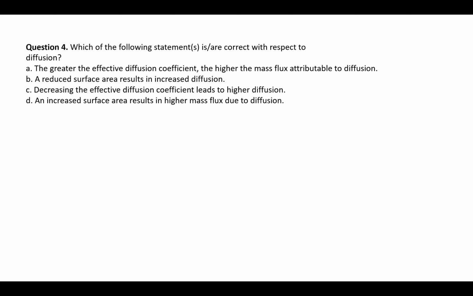Option C, decreasing the effective diffusion coefficient leads to higher diffusion, is not correct. And the last option, an increased surface area results in higher mass flux due to diffusion, is correct. So A and D are the correct options.